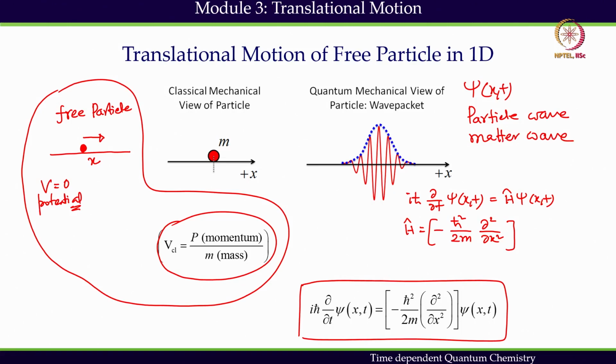So the moment we come to this quantum mechanics view, there is nothing called a particle in quantum mechanics. Although we can name it as a particle moving, it is not exactly like a ball moving or like a point moving, which we generally perceive from the classical viewpoint.